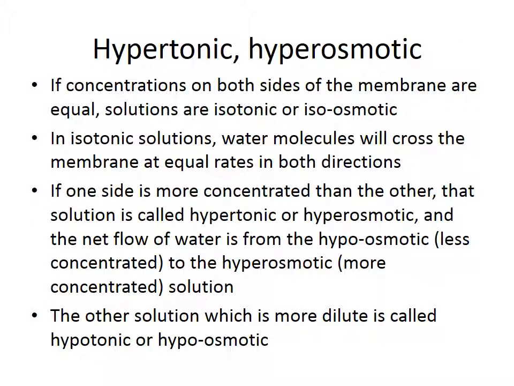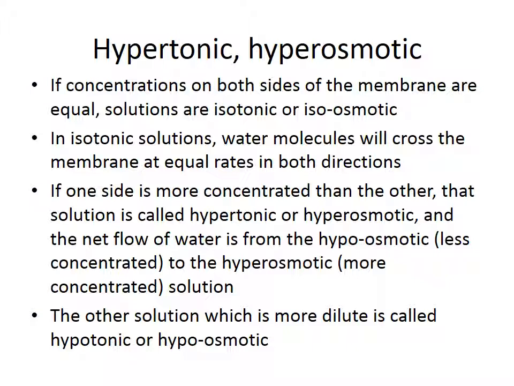And the difference between hypertonic, hypotonic, hyperosmotic, and so on. Well, if concentrations on both sides of the membrane are equal, the solutions are isotonic. Some books will also say they're isoosmotic. In isotonic solutions, water molecules will cross the membrane at equal rates in both directions.